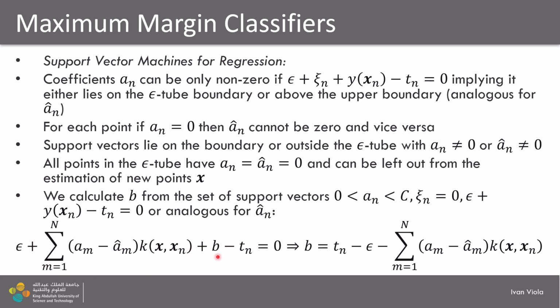And now from this we can express b with respect to both t_n and epsilon and the sum which was coming from the term y. So this will give us b, and in general, we would like to use as many support vectors for the calculation of b as possible.